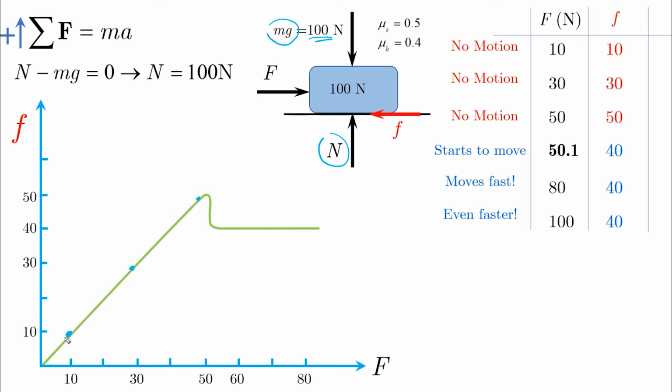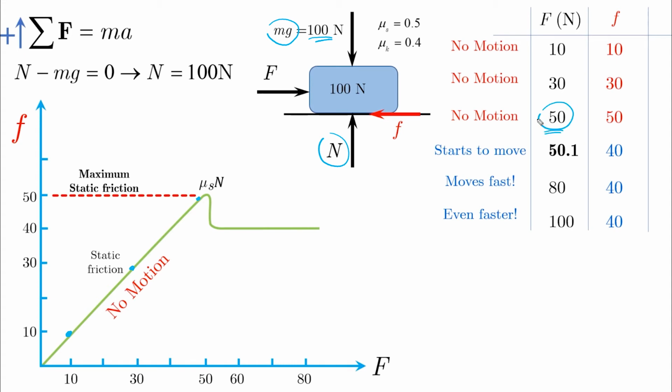In all these situations, we are within the static friction region, which means there is no motion in this straight line. But at the top of this line, we reached the so-called maximum static friction, which is equal to mu s times N. You can see from here, mu s is 0.5, N is 100, and the maximum static friction is 50 newtons.